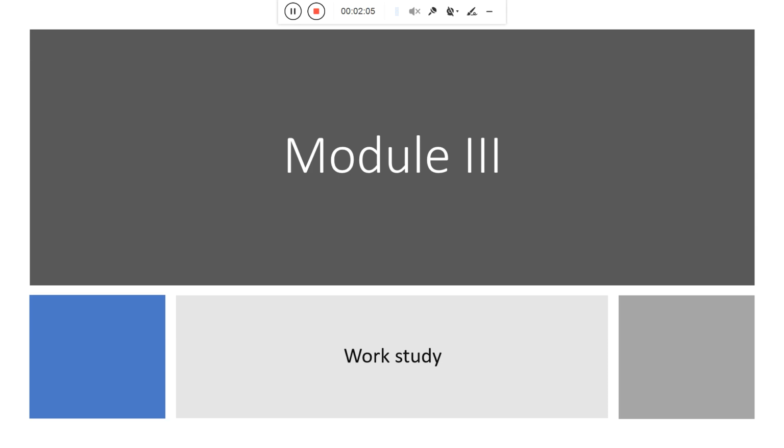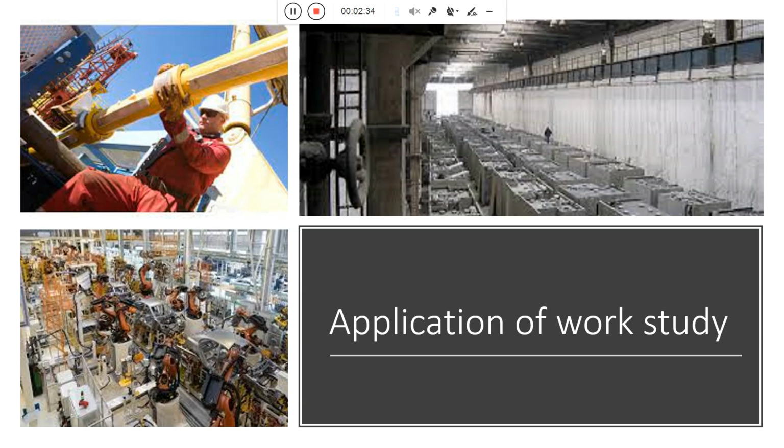You can reduce the time and organize your work so that everything goes smoothly, and productivity increases because you reduce unnecessary material. Indirectly you increase the efficiency and productivity of your plant by using work study. First, you should understand where I can apply work study.